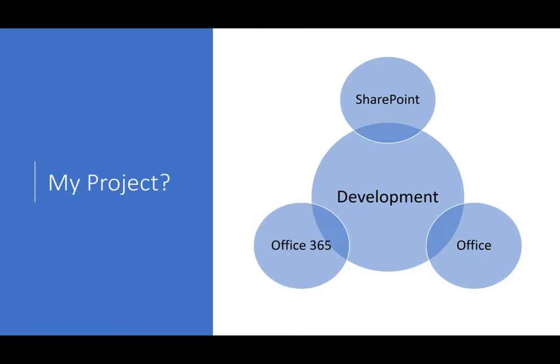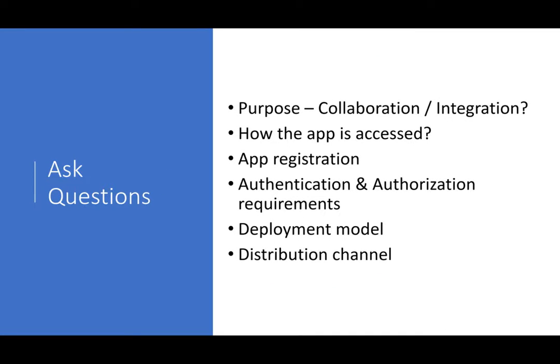So whenever I have a question about app development, I ask some questions back to myself and the customer as well. First, what is the purpose of the application? Whether you're building a collaboration application, or you're doing some integration, or you would like to decouple the integration and collaboration and use Office 365 as a data and services platform. The next question is how your application or add-in is being accessed.